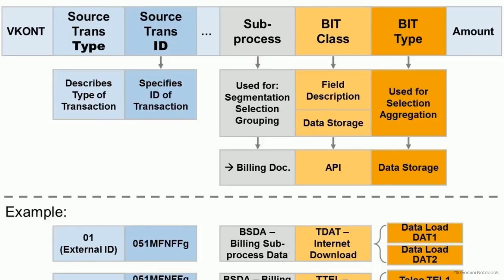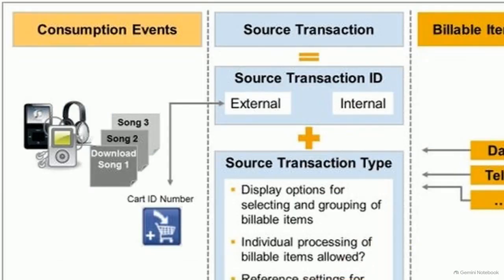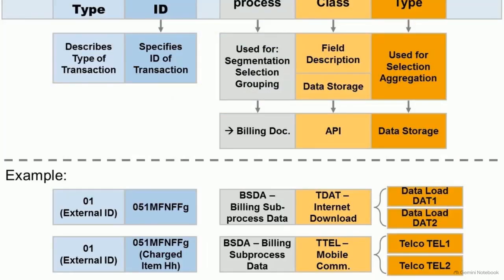We can see this complete blueprint by looking at the anatomy of a billable item on screen. If we trace a single payload, it begins with its unique source transaction ID, which anchors it to the original rating event. That payload moves into Convergent invoicing, where it is routed through a specific subprocess, like BSDA for data, ensuring it is grouped correctly for billing. Within that subprocess, it is tagged with a billable item type, such as DAT1, recording its exact business intent.